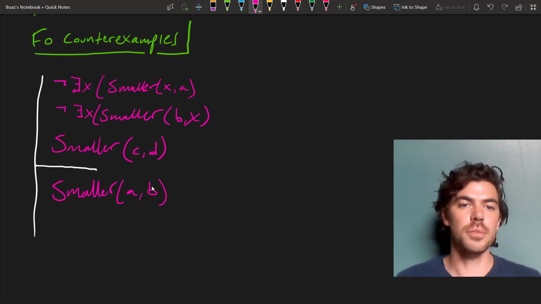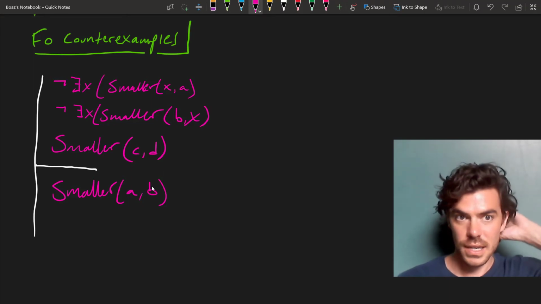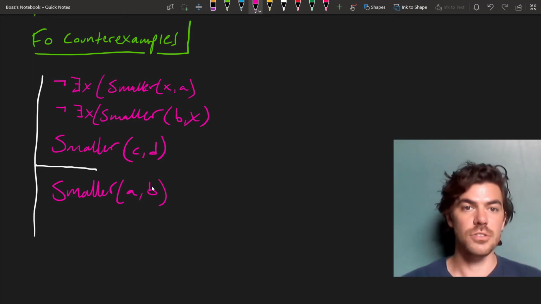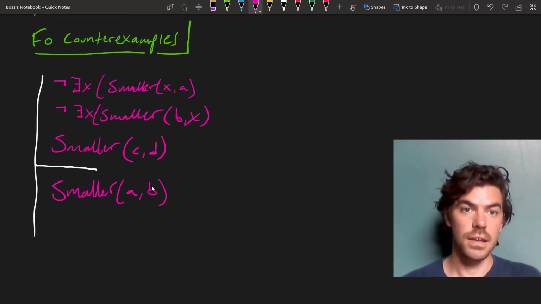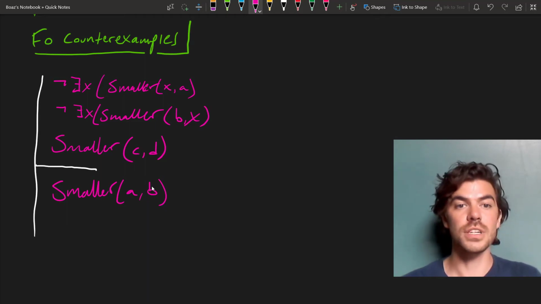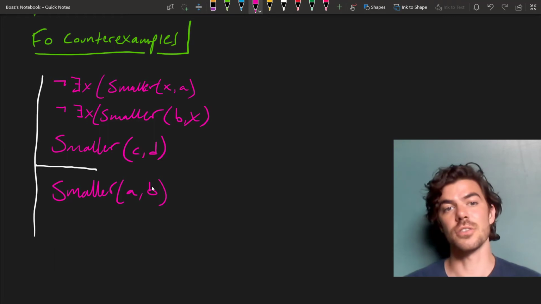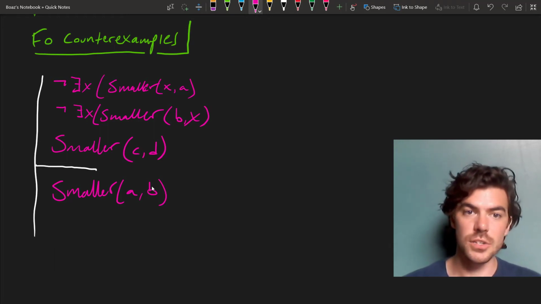But this third premise tells us that there is something smaller than something else, and so in order to say that there's nothing smaller than A, it has to be that C, although smaller than D, is not smaller than A. And since B is not smaller than anything, as our second premise tells us, although C is smaller than D, which means that D is larger than C, it can't be that B is smaller than D.